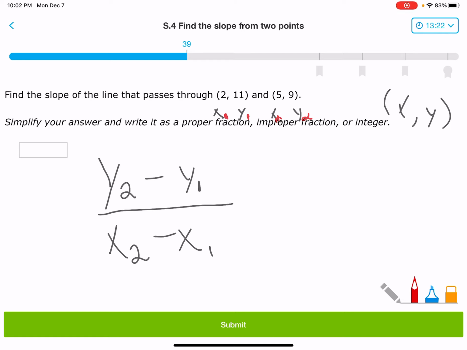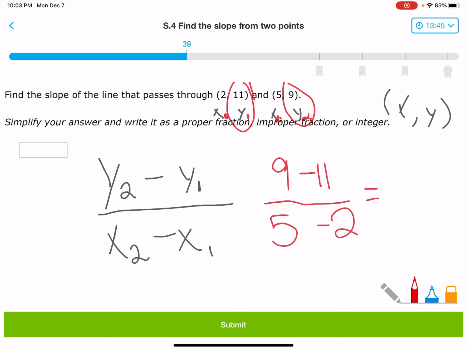Now we are going to write y2 minus y1. Our y2 is 9, so 9 minus our y1, which is 11, over x2, which is 5, minus x1, which is 2. Solving this, 9 minus 11 is negative 2.